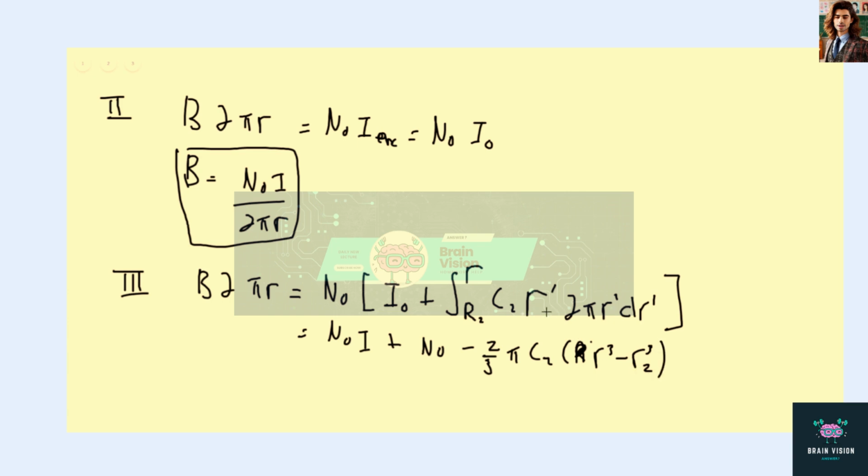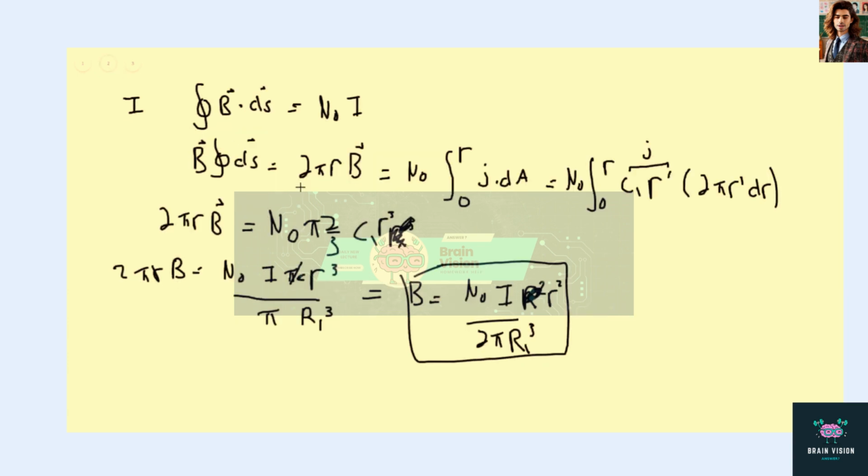So I'm skipping this integral because it's very similar to the one we just did over here. So we're doing the exact same thing, integrating J dA. And instead of 0 to r, we do from R2 out to r.